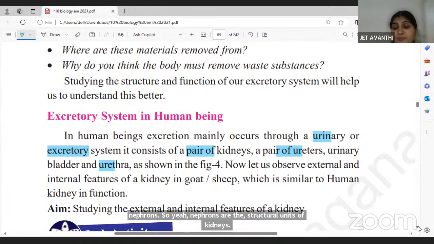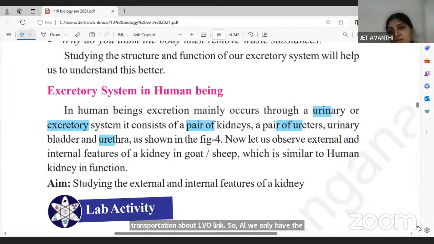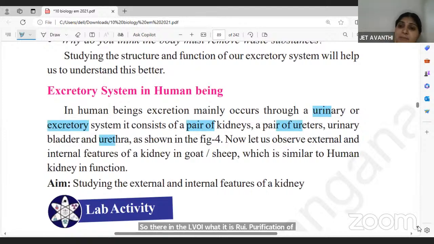As we have studied in transportation about alveoli, alveoli are the cells which exist in the lungs where the exchange of gases happens. There in the alveoli, purification of blood is done, children. Purification of blood means removal of the metabolic product in the form of gaseous waste, carbon dioxide. But here the kidneys are concerned with the filtration of the blood.